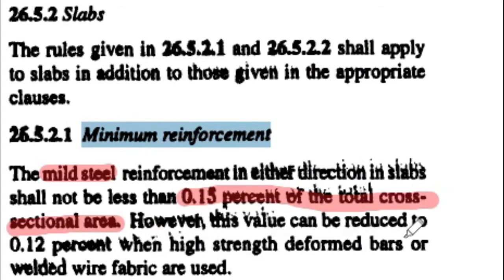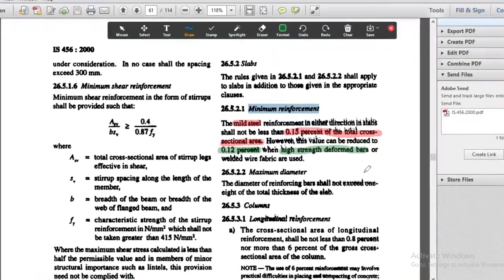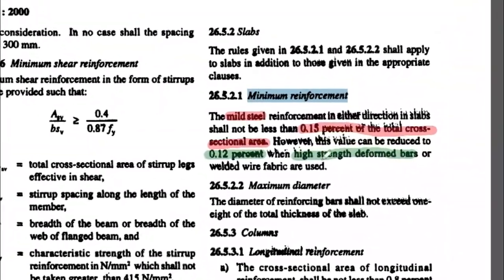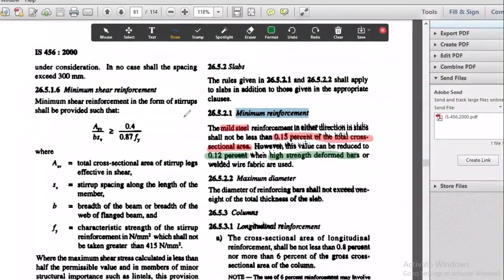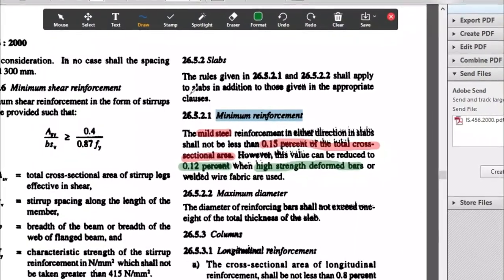However, this value can be reduced to 0.12% when high strength deformed bars are used. So what does it say now? Basically we will see here.